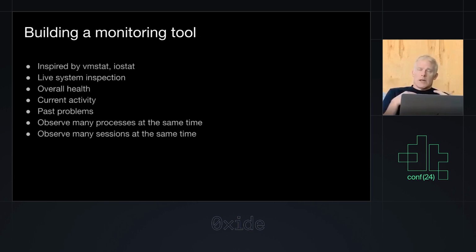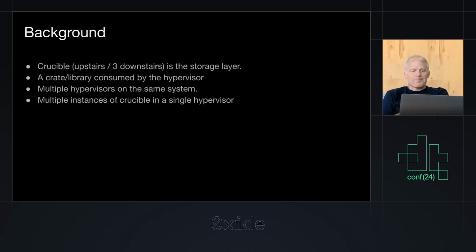Specifically, I have questions like: what's the overall health of what's going on? What's the current activity in the storage layer? Were there any problems in the past that I maybe missed? I want to be able to observe a lot of processes at the same time, and potentially different things within a single process. So these are my high level goals.